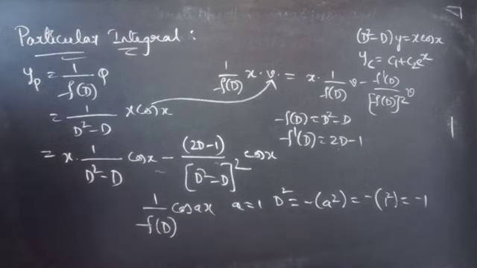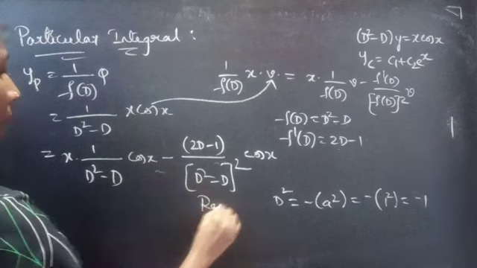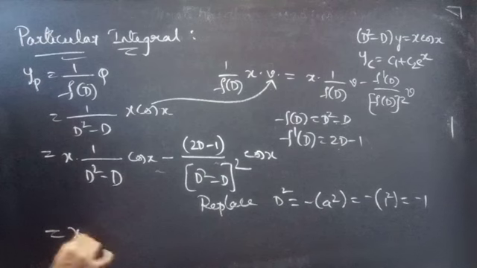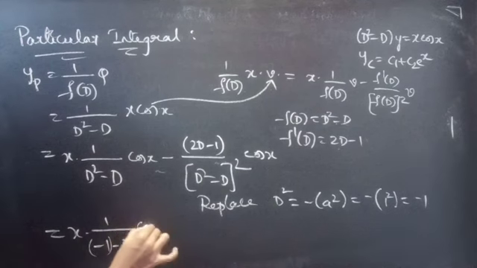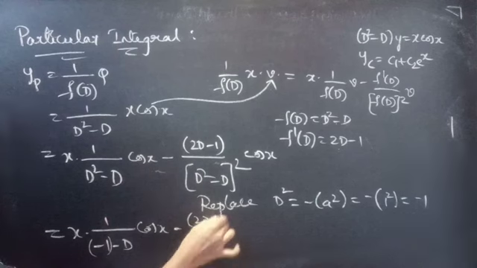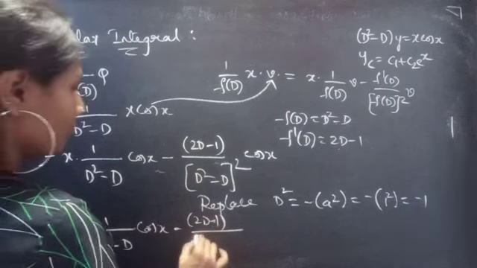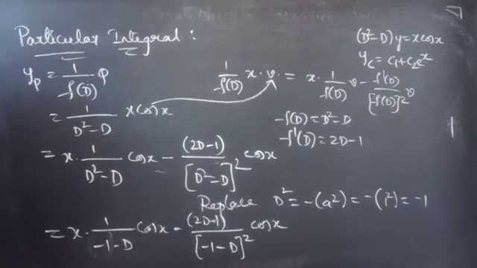We'll get y becomes x into 1 by minus 1, just replace d square by minus 1, into cos x, minus 2d minus 1 by, I'll just remove these brackets, minus 1 minus d whole square into cos x.